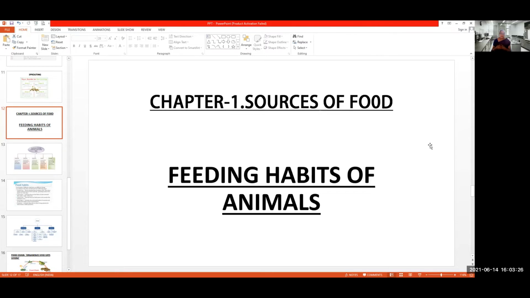My favorite food is puri, chapati, like that, and your favorite food will be somewhat different. In the same way, animals differ in their eating habits. Some will eat only plants, some will eat only animals, some will eat the dead bodies of animals, and some will depend upon other living organisms.